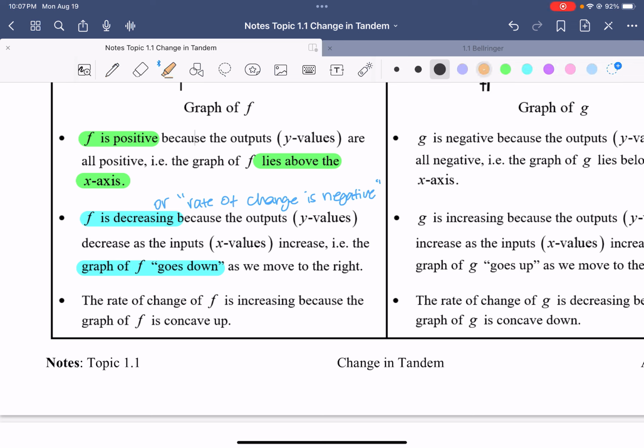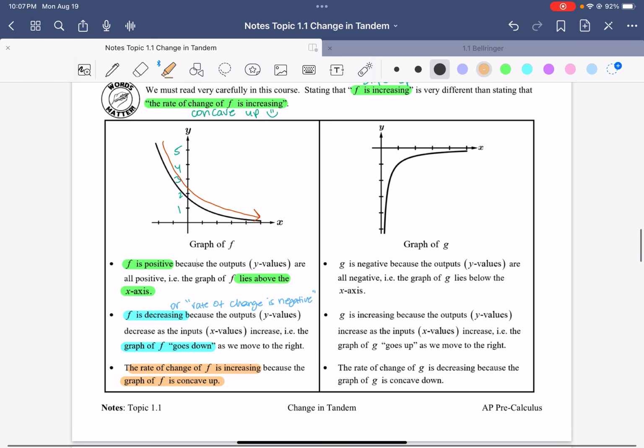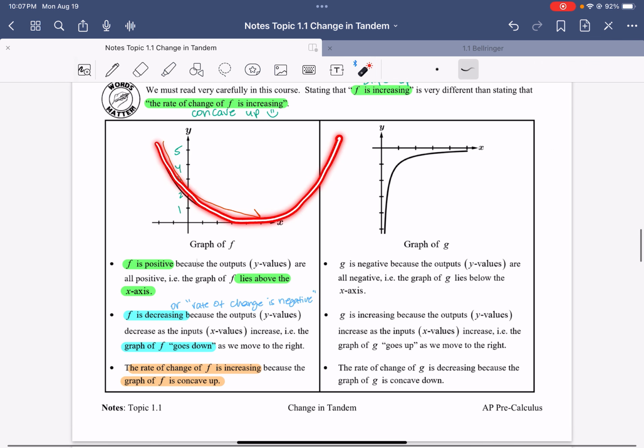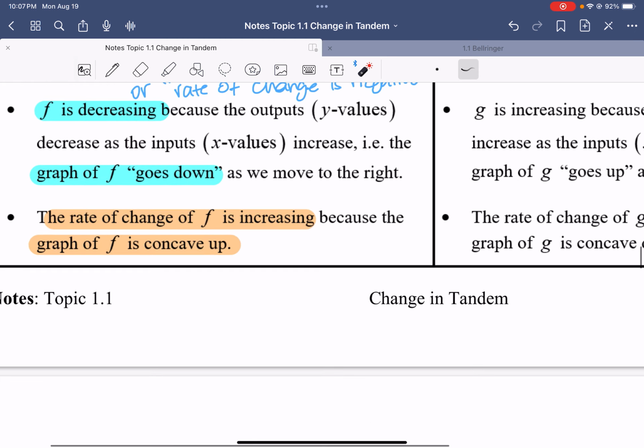Now the last thing is that the rate of change of f is increasing because the graph of f is concave up. Okay, so if you were to finish this curve, you would see the smiley face. So the rate of change is increasing. Now what you want to make sure that you're doing is that these two words kind of match up, right? Increasing should mean up and decreasing should mean down.